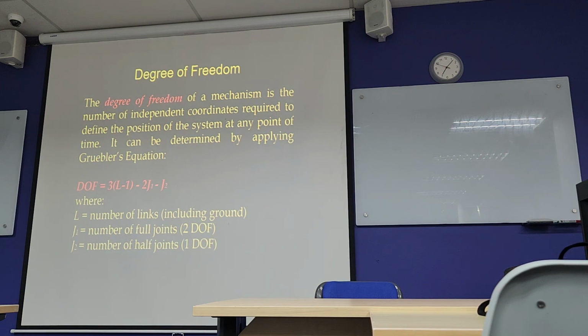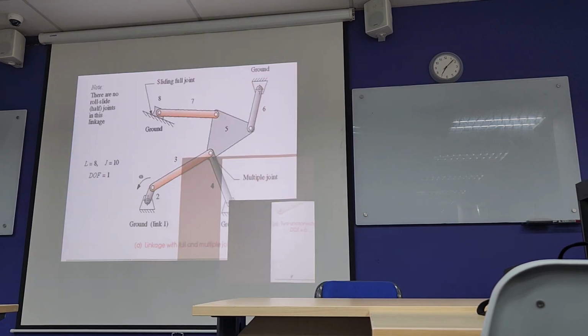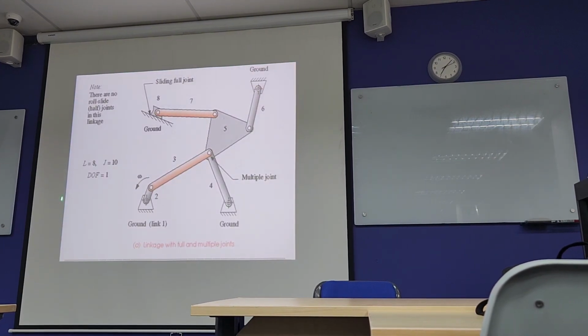L is 8, so 8 minus 1 is 7. 8 into 7, 21. Minus 2 into J1. How many pin joints are there? 10. There are no half joints. So it is 21 minus 20. That means the degree of freedom is 1 for this mechanism.